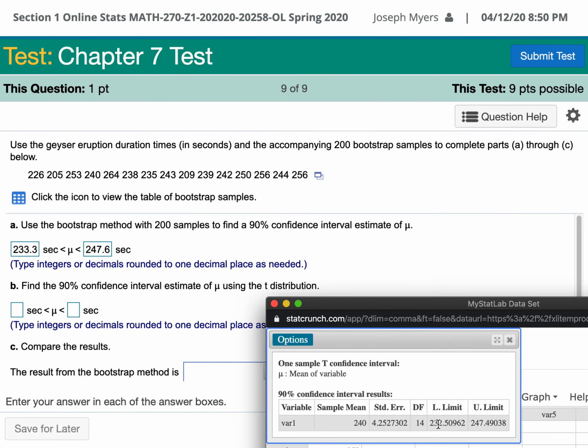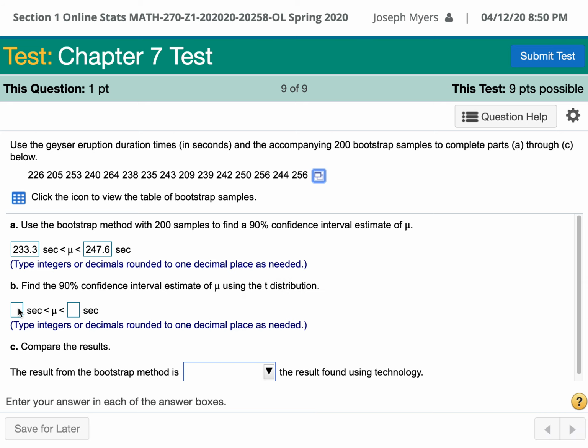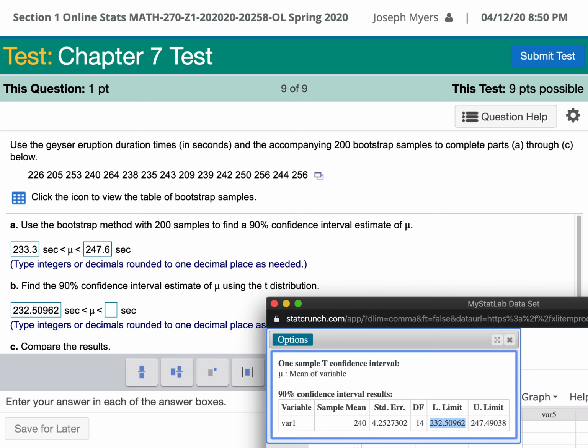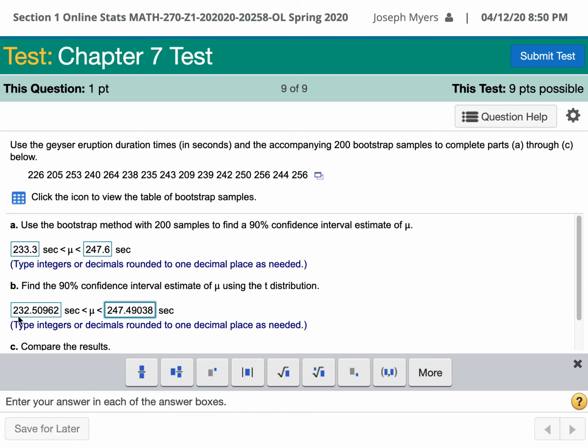And then we get the lower limit. And then we get the upper limit. Round it off to one decimal place. Now you don't get exactly the same thing, but you get really close though. So compare those results.